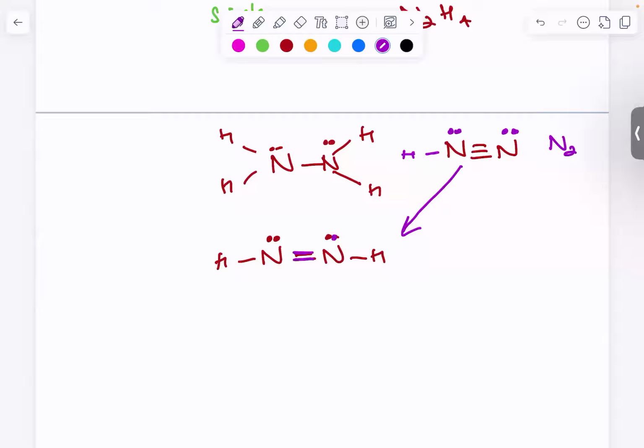The lone pair remains over there. And then this is N2H2. Now, if you want to change it into N2H4, then this double bond changes into a single bond and one more H is added. So it's easy to remember like this.